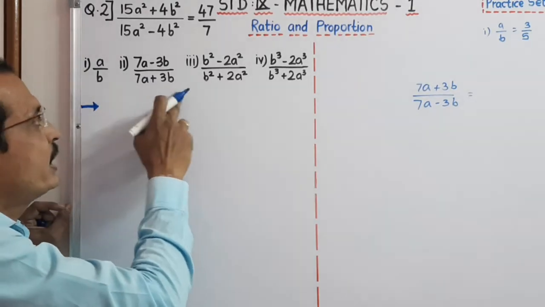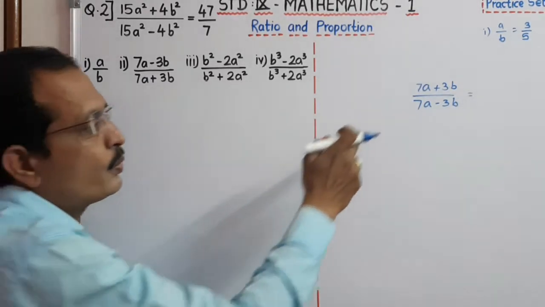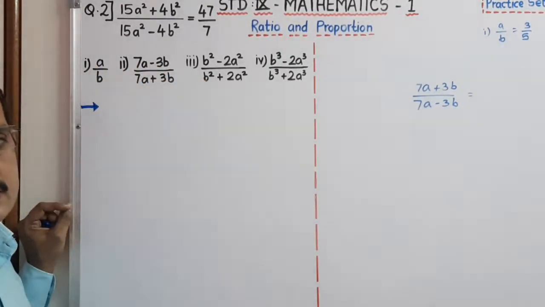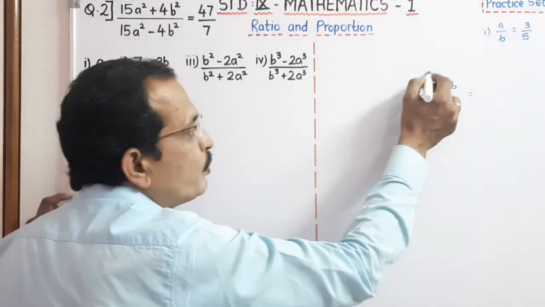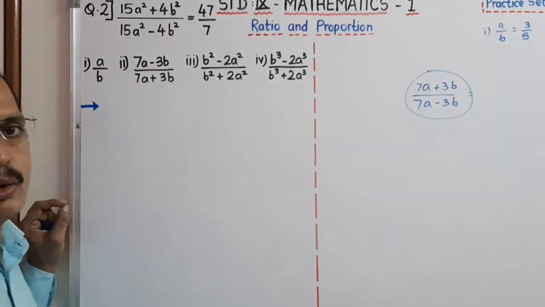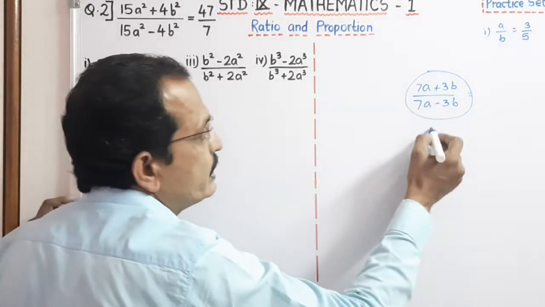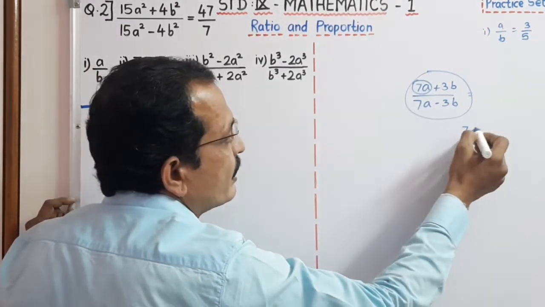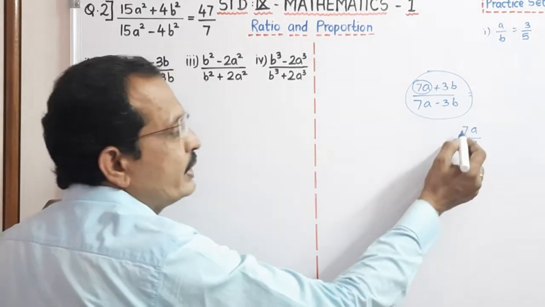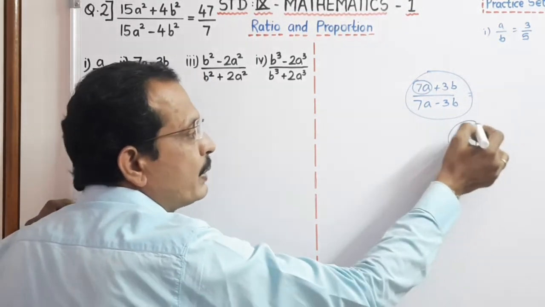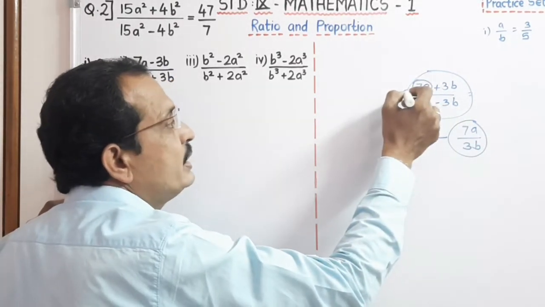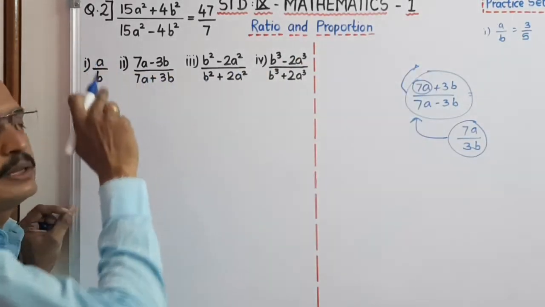Therefore, dear student, for getting this, first of all we have to find out the ratio 7a plus 3b upon 7a minus 3b. Dear student, on which ratio do we have to apply componendo dividendo? It is very easy, this 7a upon 3b. That means, if we get 7a upon 3b, we apply componendo dividendo, we will get this, and by inverting this, we will get the final answer.